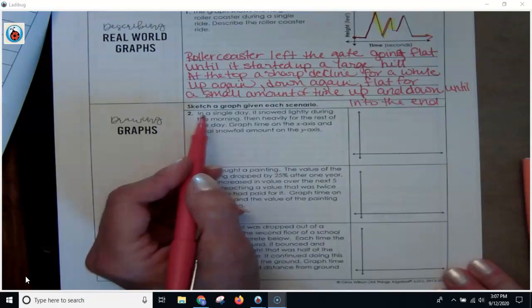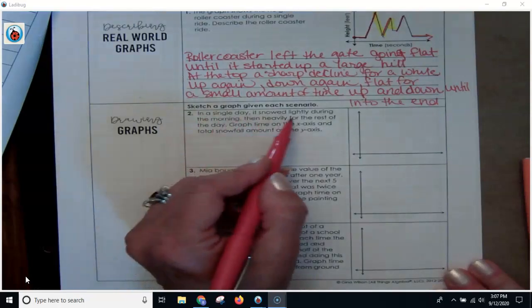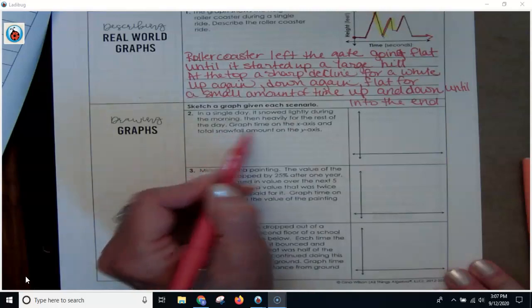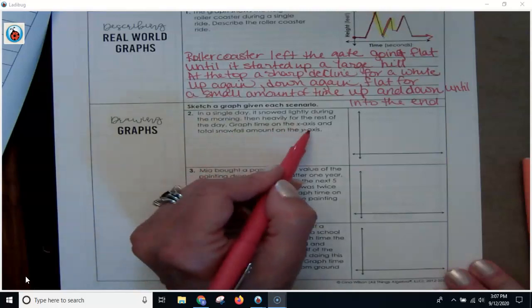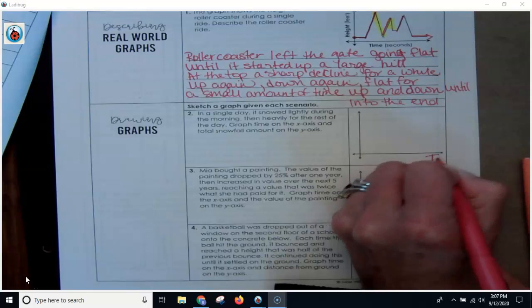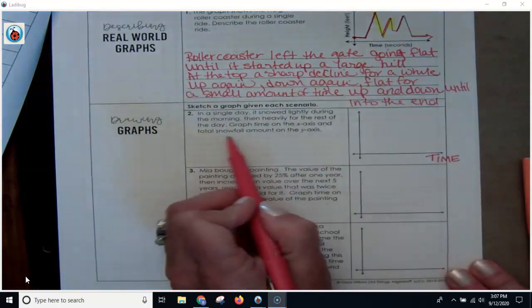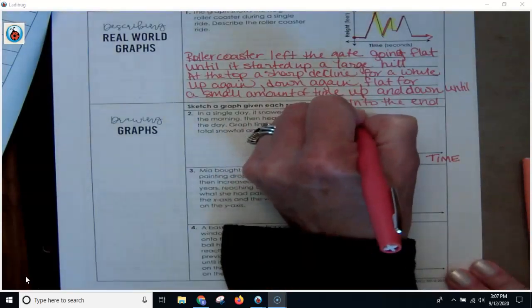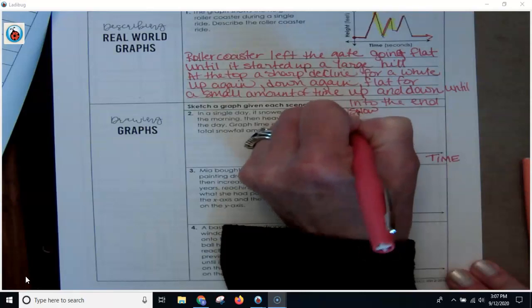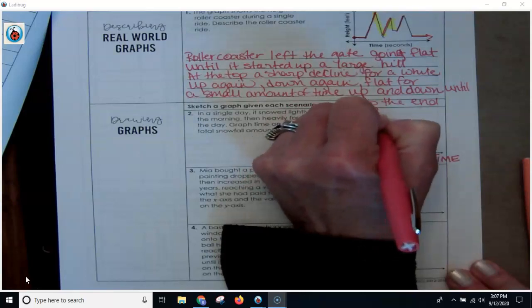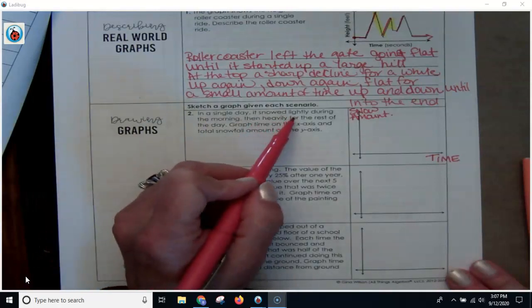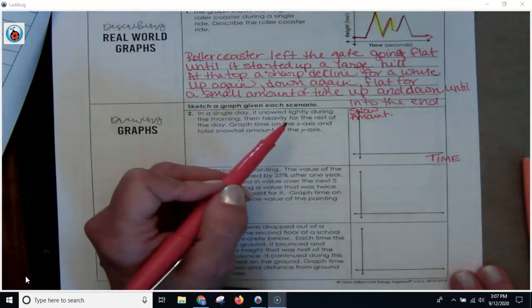similar ideas. So in a single day, it snowed lightly during the morning, then heavily for the rest of the day. Graph the time on the x-axis, so it's telling me my x-axis is time, and total snowfall amount on the y-axis. So this is snow amount. All right, so we're supposed to graph it. It says it snowed lightly during the morning.